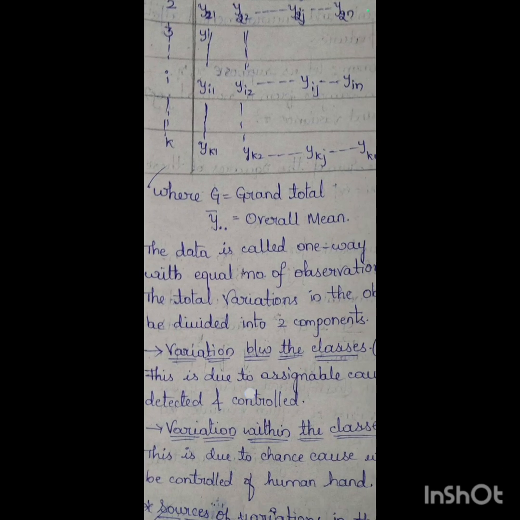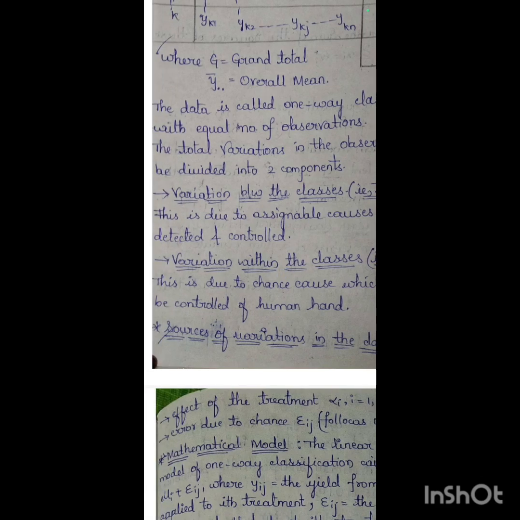So the total variation in the observations yij can be divided into two components: the variation between the classes and the variation within the classes.